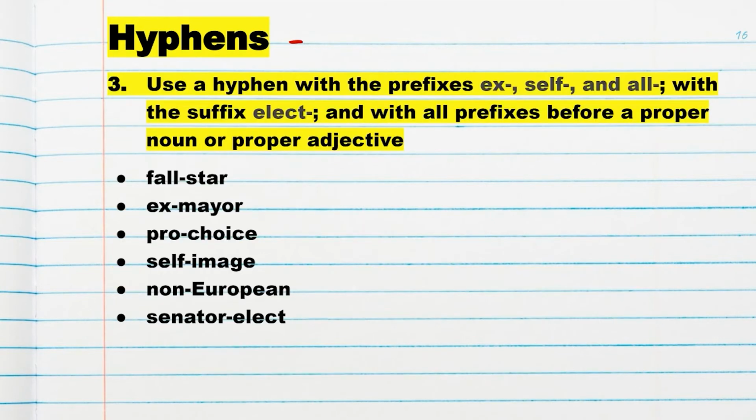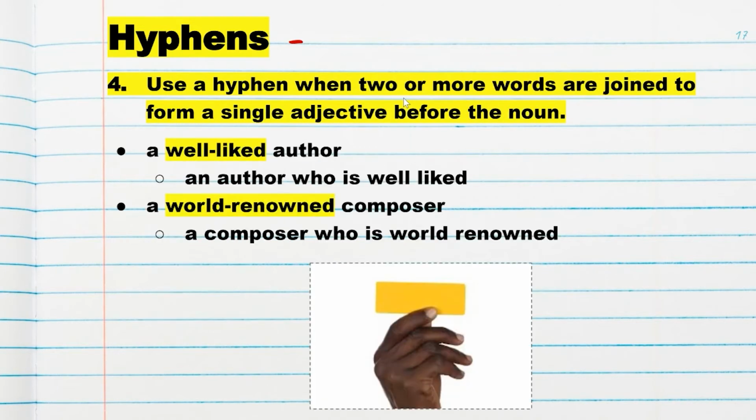Next one, using hyphens with the prefixes ex, self, and all. I taught you how you can use the hyphens. And again, use hyphens when two or more words join a singular noun, or an adjective before a noun.